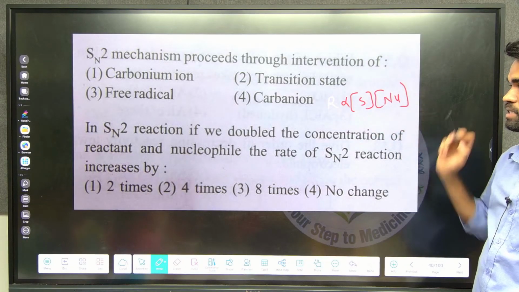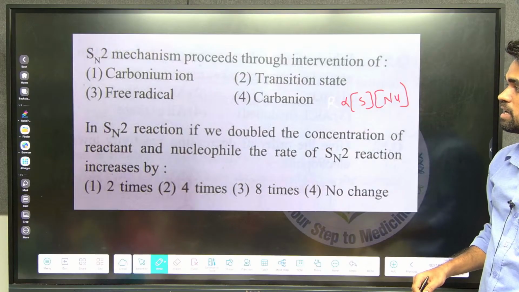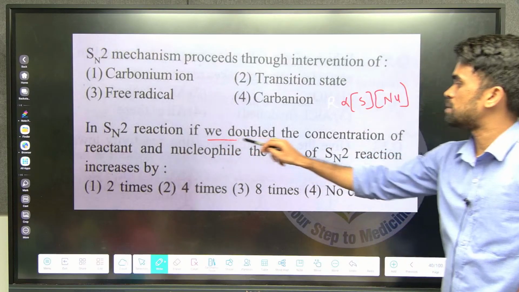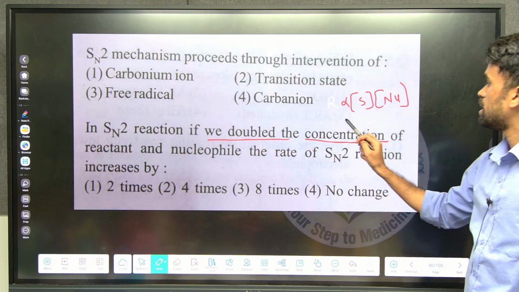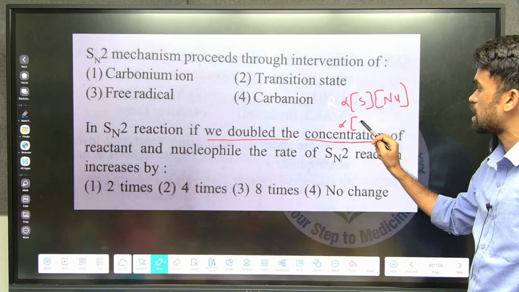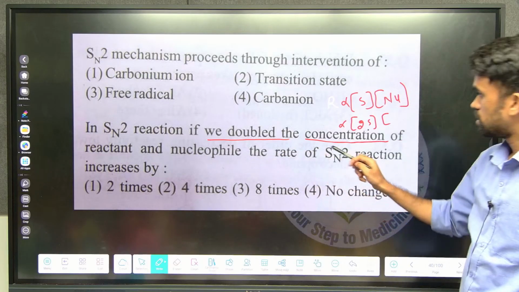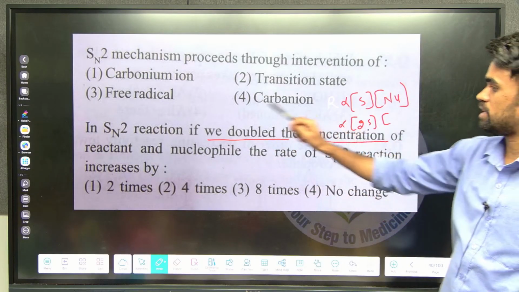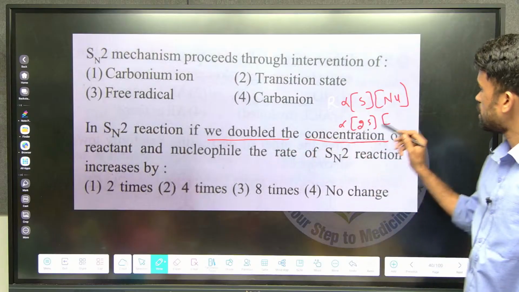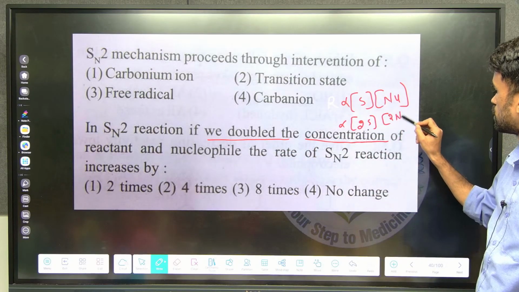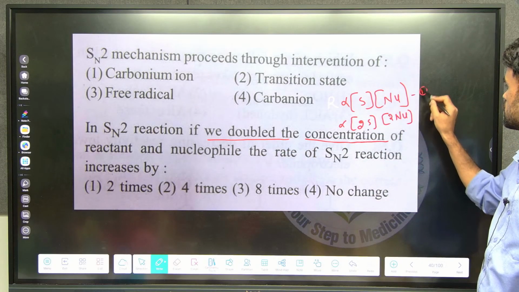Like this you write first. Next statement, what are they saying? If we double the concentration of reactant, it means this reactant is becoming doubled, it means 2S. And the nucleophile also, if we double the concentration of reactant, this is also becoming 2 nucleophile. So this is 1, this is 2.